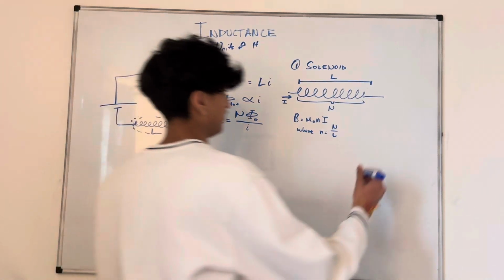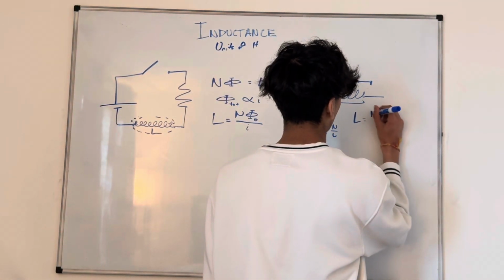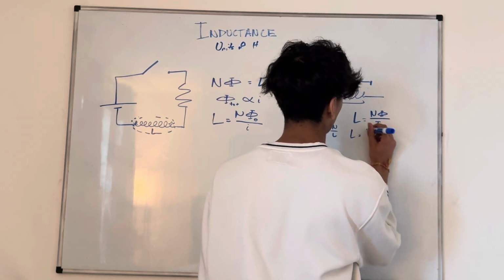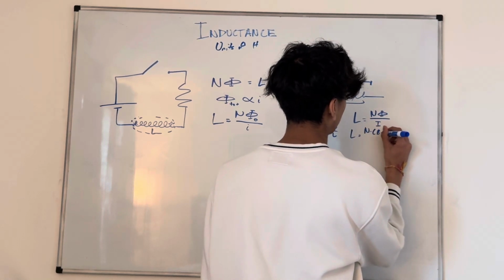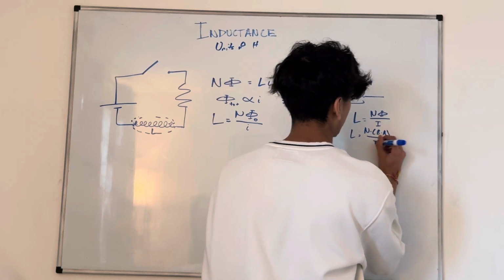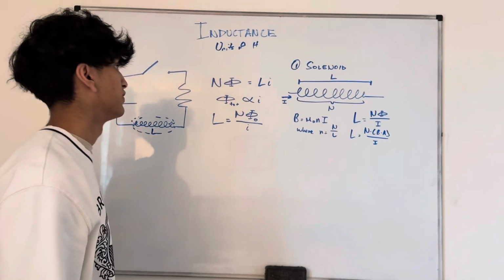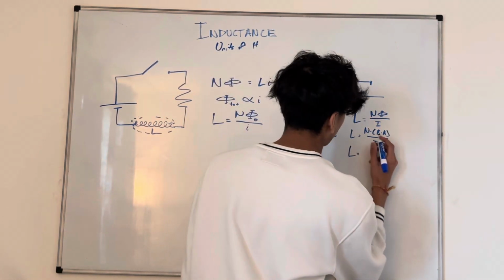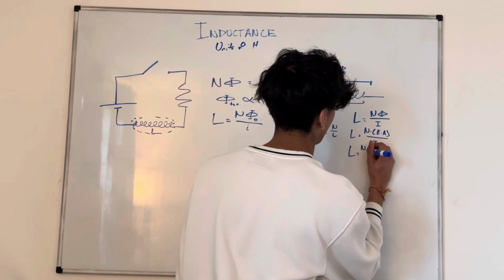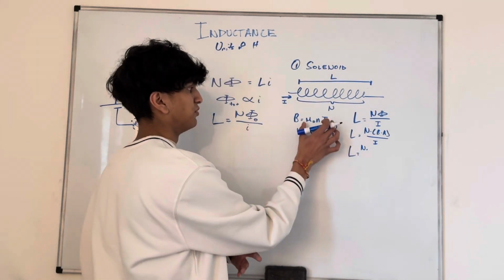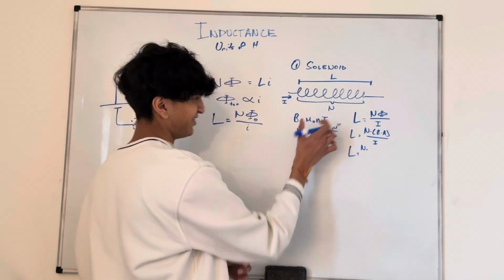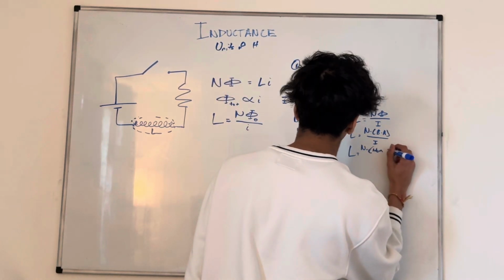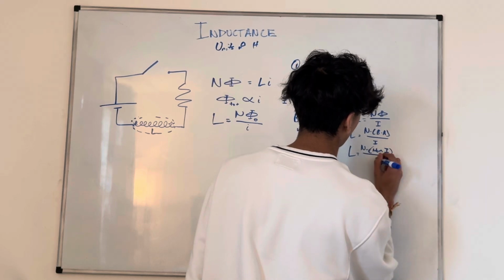L is equal to the number of turns times the flux through one turn over I. So L is going to equal N times B cross A, or B dot A, whatever, but the magnetic field is going to be parallel anyway. That's the equation for flux. So N times B, which using Ampere's law is N times mu naught, little n, don't mix those up, times I, over I.